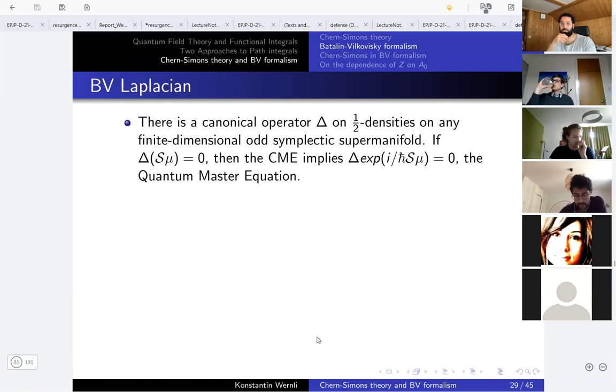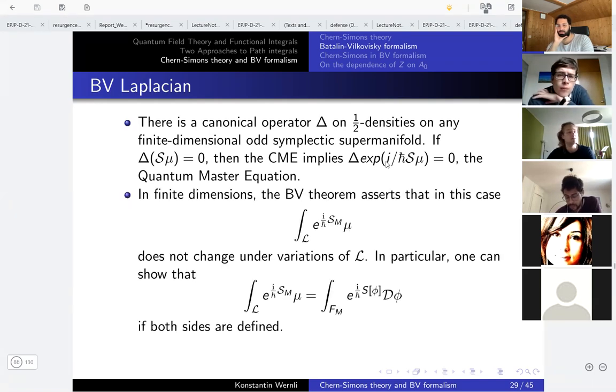So it turns out that there is a canonical operator on half densities on finite dimensional supermanifolds. This is called the BV operator. If the BV operator applied to S times my reference half density is 0, then the classical master equation, S bracket S equals 0, implies that the BV operator applied to this exponential vanishes.